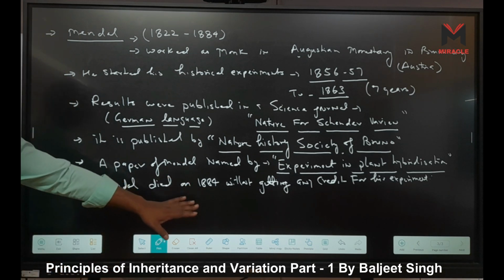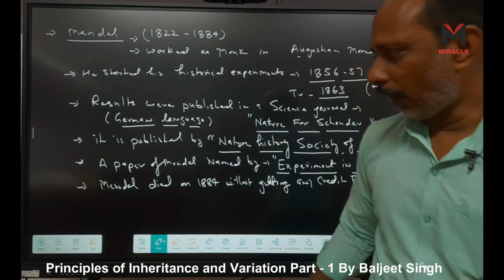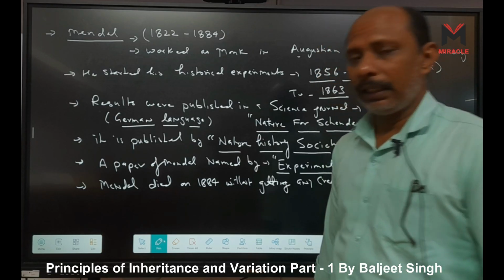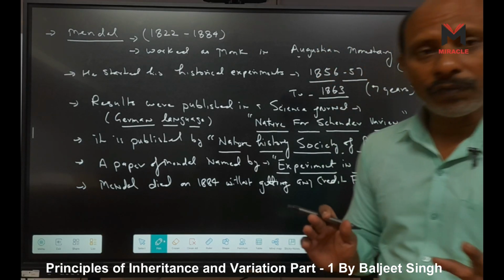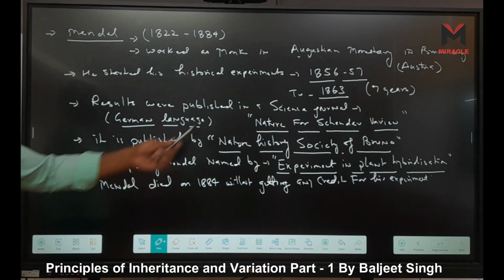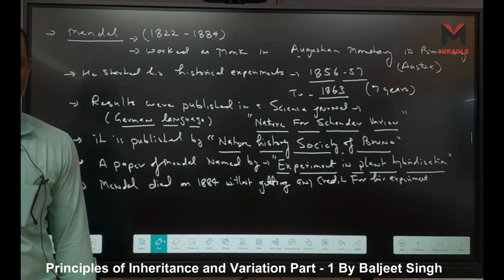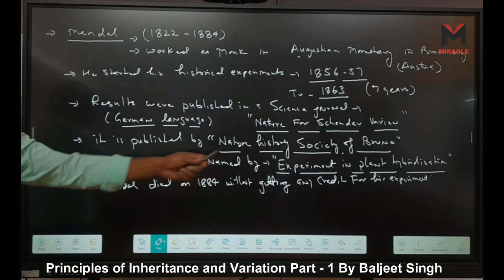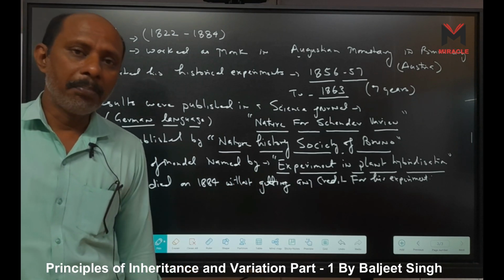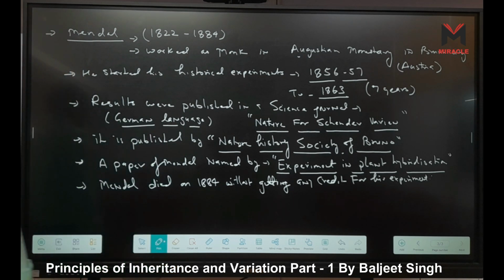In 1884 he died. Okay. Sixteen years after his death, in 1900, three different scientists from different countries observed the same thing, right? And Hugo de Vries republished Mendel's experiments in 1901.